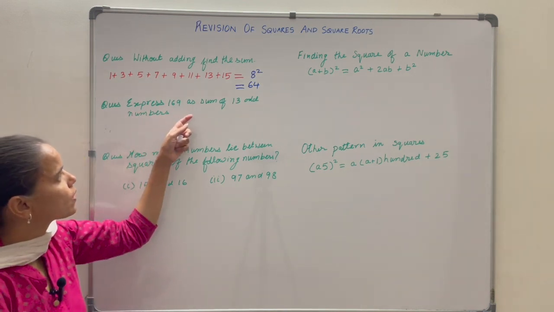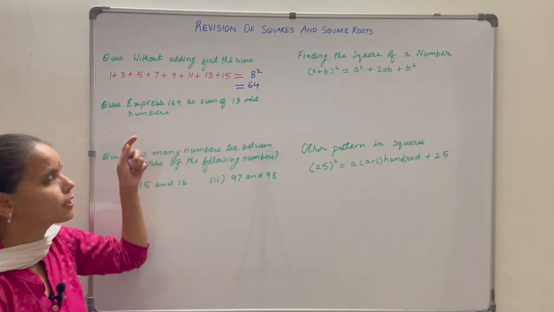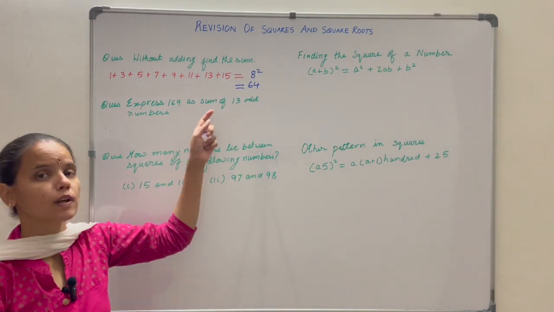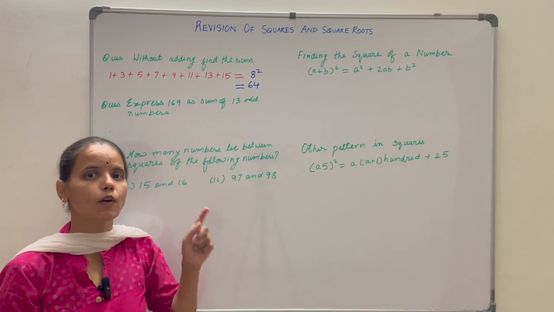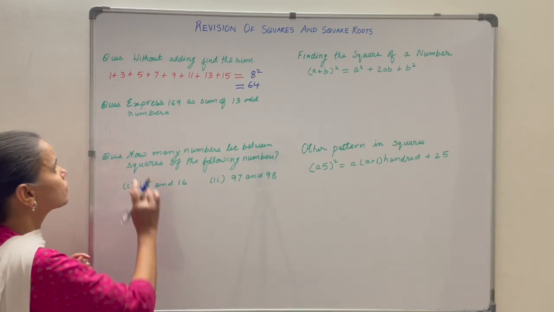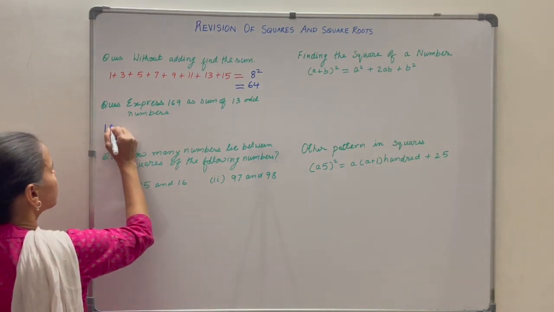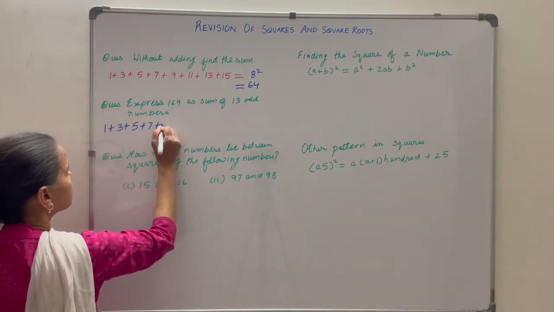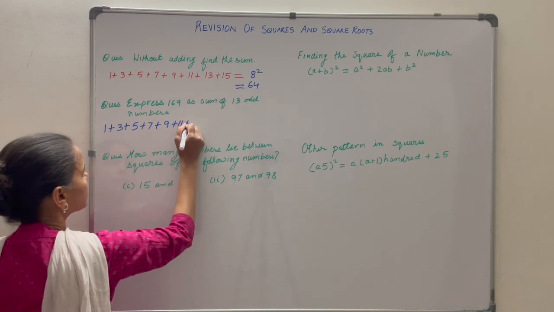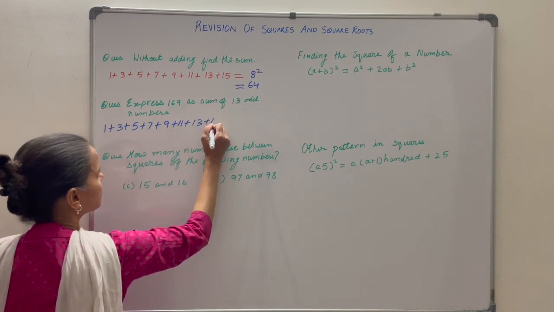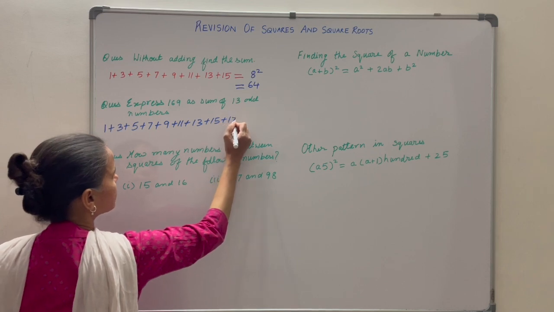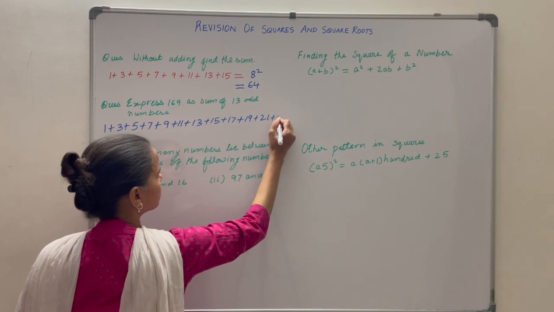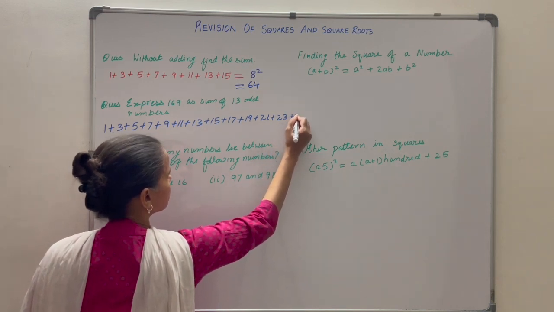Here, express 169 as the sum of 13 odd numbers. 169 is a perfect square of 13. You are adding all the 13 odd numbers starting from 1. So let us add it. 1 plus 3 plus 5 plus 7 plus 9 plus 11 plus 13, 15, 17, 19, 21, 23, 25.